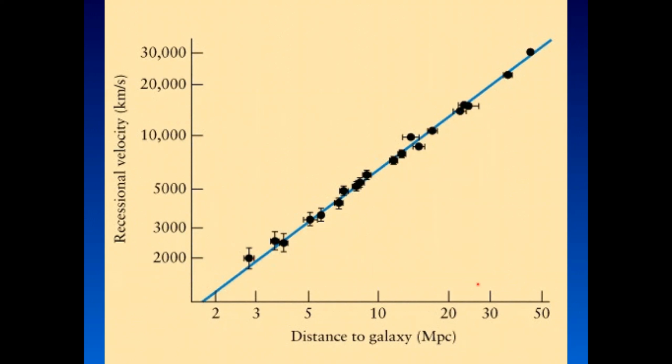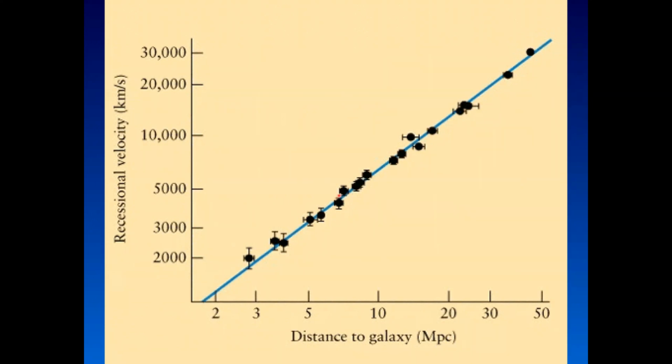And if you take a galaxy that is far away, let's say this one right here is roughly 30 megaparsecs away from us, and that has a recessional velocity of around 15,000 kilometers per second. In that way, there is a linear relationship according to this graph.